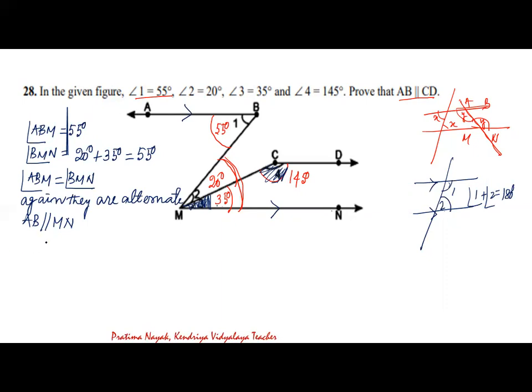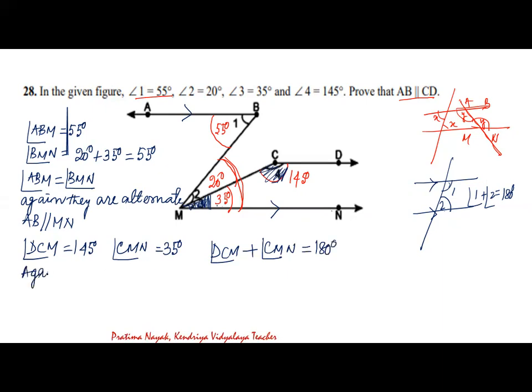So I am writing now, DCM is equal to 145 degrees. CMN is also 35 degrees. So DCM plus CMN is equal to 180 degrees. Again, they are co-interior angles.